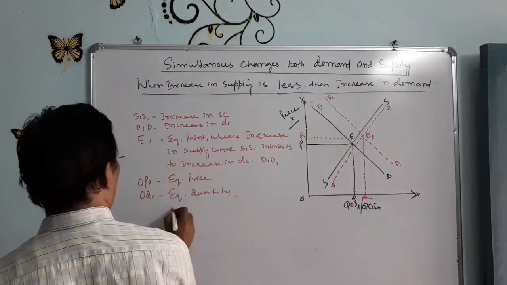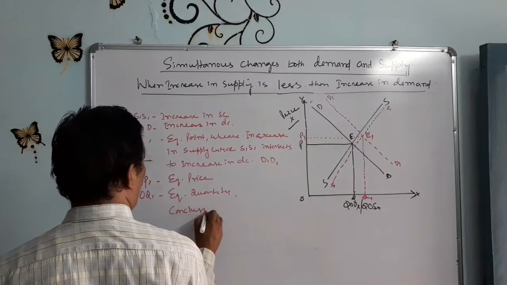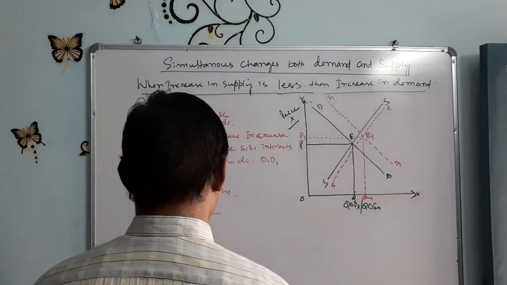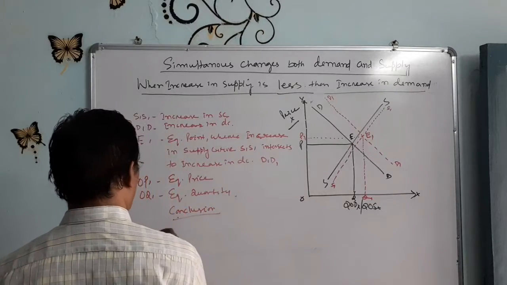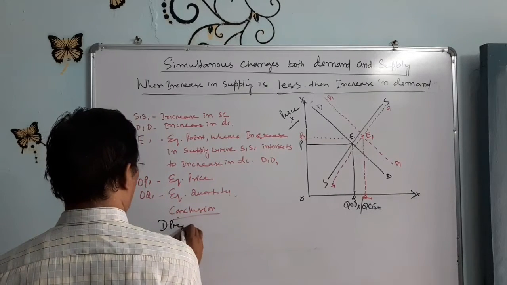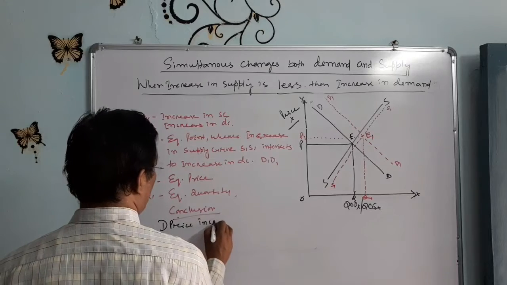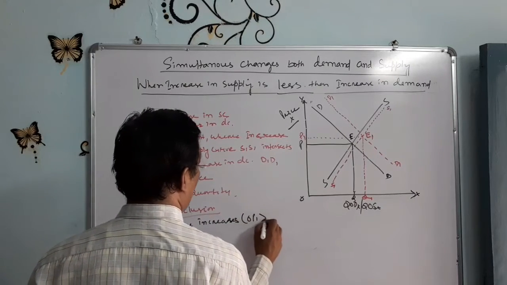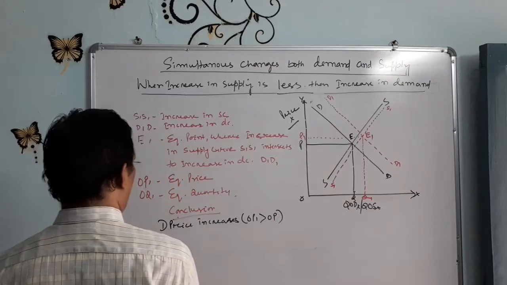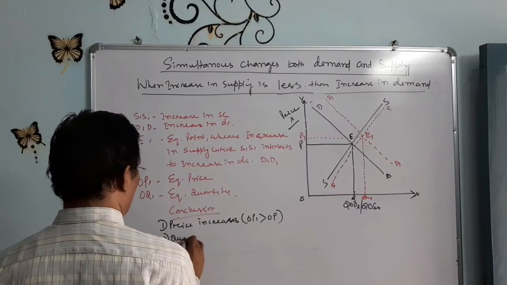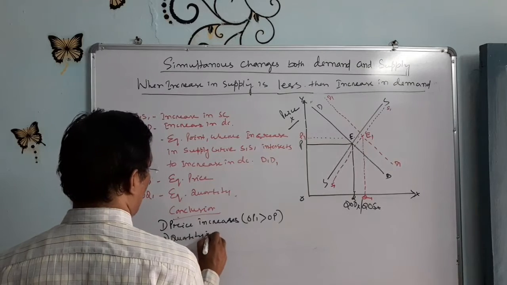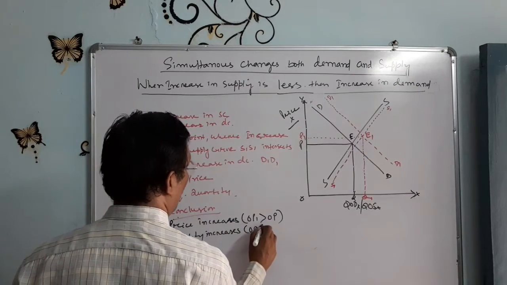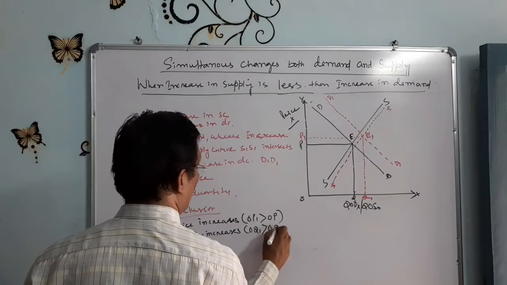Now we draw the conclusion, or what are the effects? First effect: price increases, because OP1 is greater than OP. Number two, quantity also increases, that is OQ1 is greater than OQ.